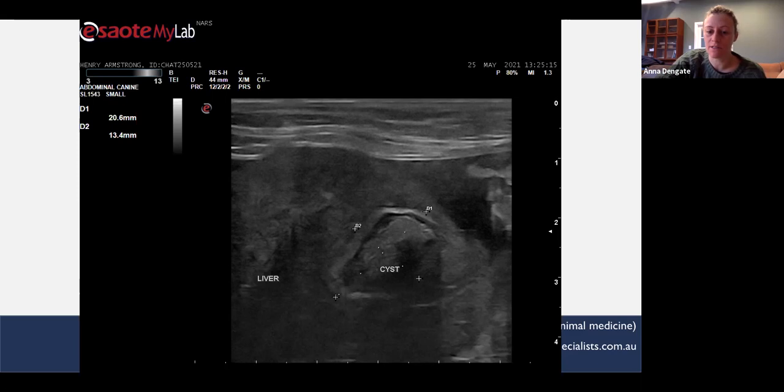Hematomas are interesting because when they bleed, they're obviously liquid. So initially, if you see them very acutely, they're black. And then as the fibrin comes out of them, they get quite echogenic. Not quite as bright as this here. But then when they start to organize, they're certainly this bright, and we often call it a target lesion.